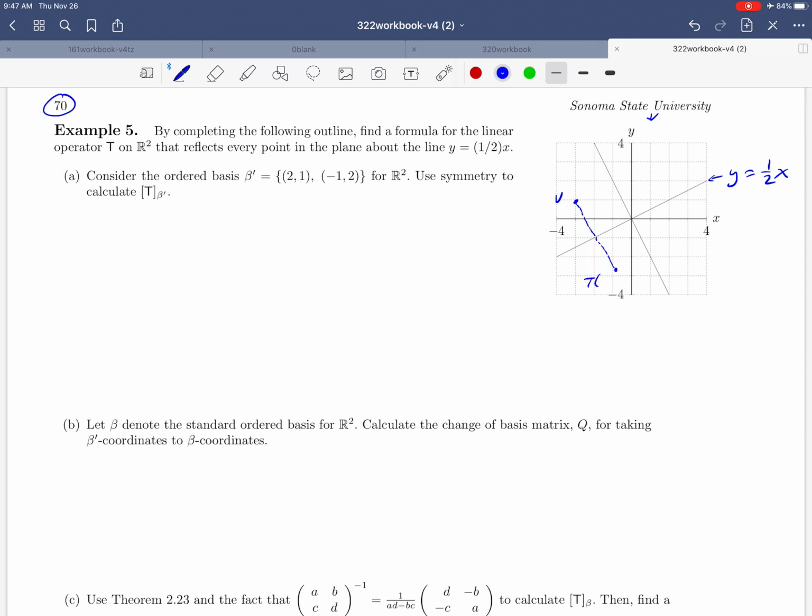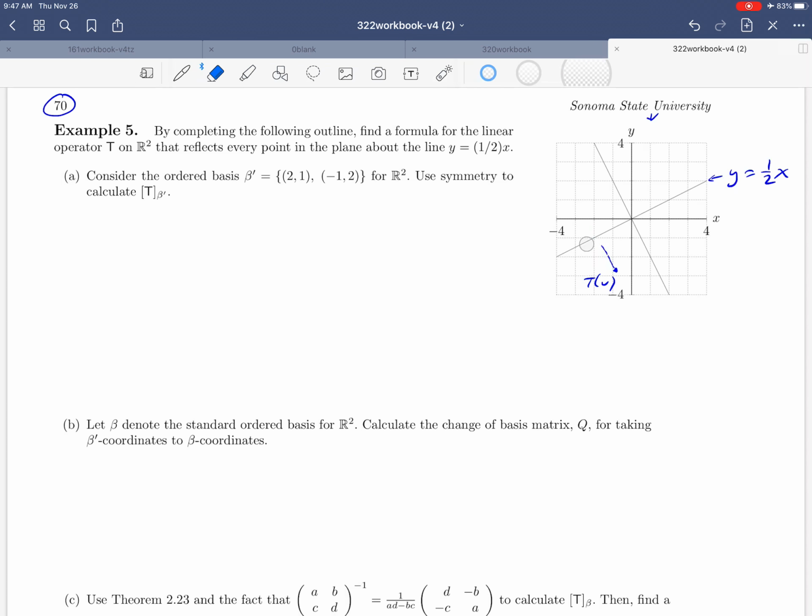So T of v would be the vector that's there. And what we want is a formula so that if somebody hands you a vector like v, gives you specific coordinates, you can plug that into your formula and out is going to pop the output, for every point in the plane. So that's where we're trying to go with this.